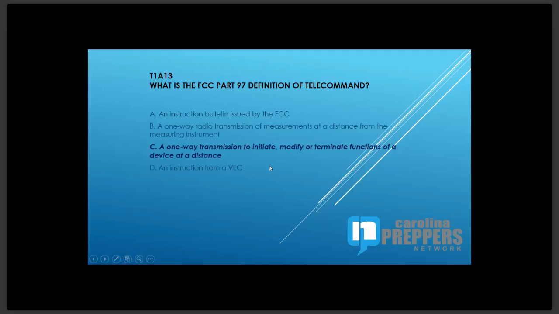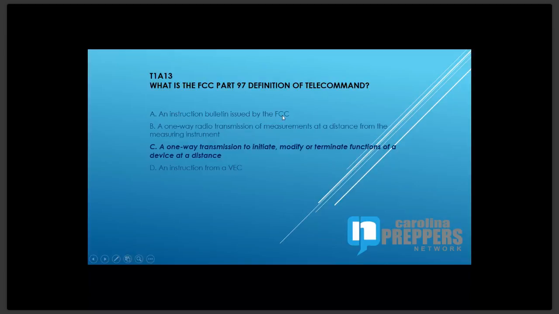Again, VEC is such a very minute audience that you're not taking a test about VEC or taking a test to become a VE, a volunteer examiner. So whenever you see anything referring to VEC as an answer, disregard it. It's outside the scope of what you're studying for.